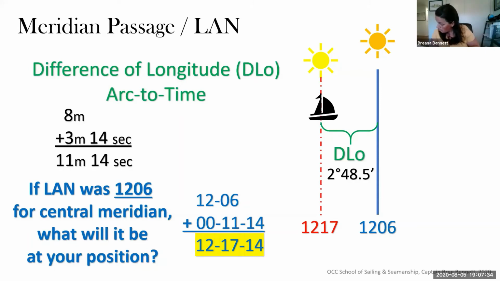We could see on our thing, 5 minutes is about somewhere in between 1 degree of longitude. So if we're somewhere within plus or minus 1 degree of longitude, then 5 minutes early would be fine.